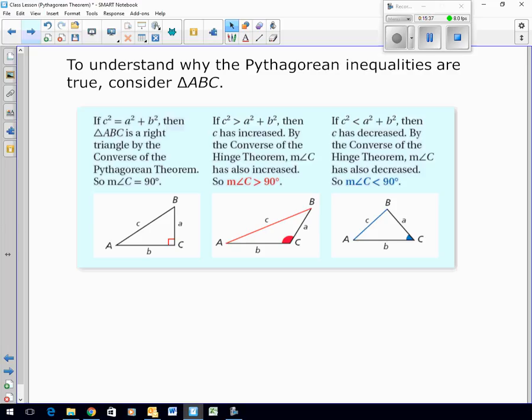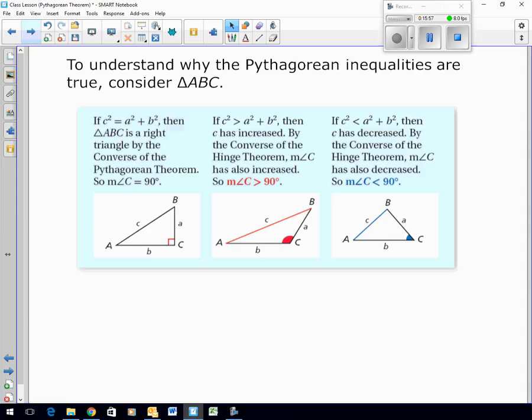If, however, a squared plus b squared is less than c squared, or if a squared plus b squared is more than c squared, you would either be dealing with an obtuse triangle or, I'm sorry, an acute triangle.